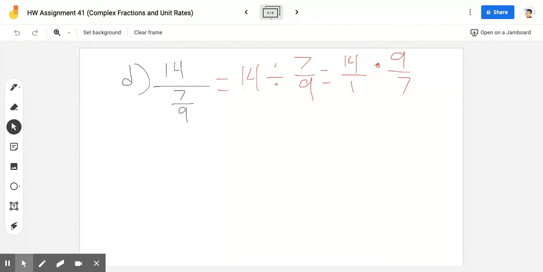We multiply straight across. 14 times 9 is 126 over 7. Which does work out nicely for us because it's equal to 18 if we simplify, which you must.